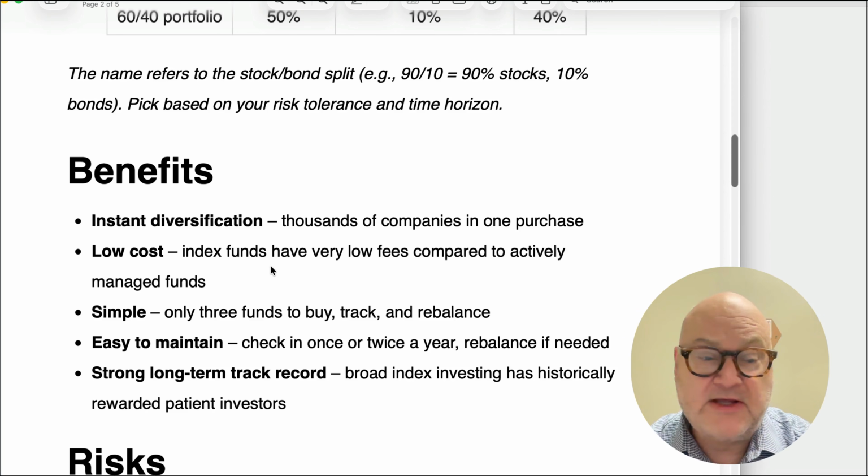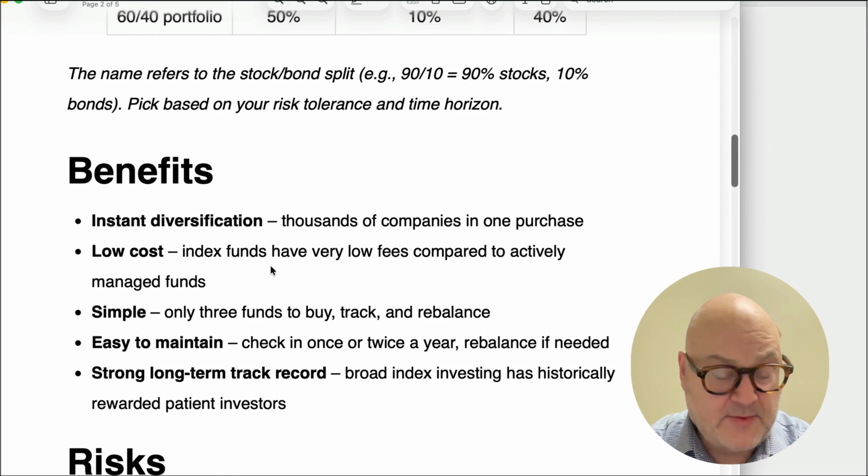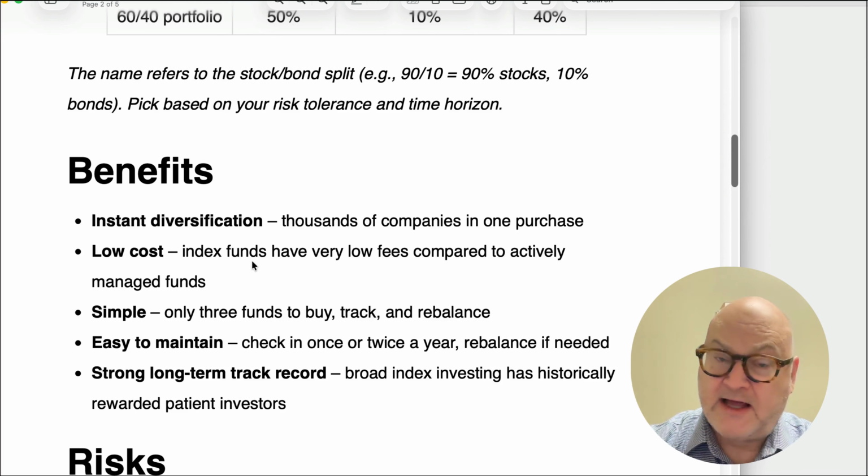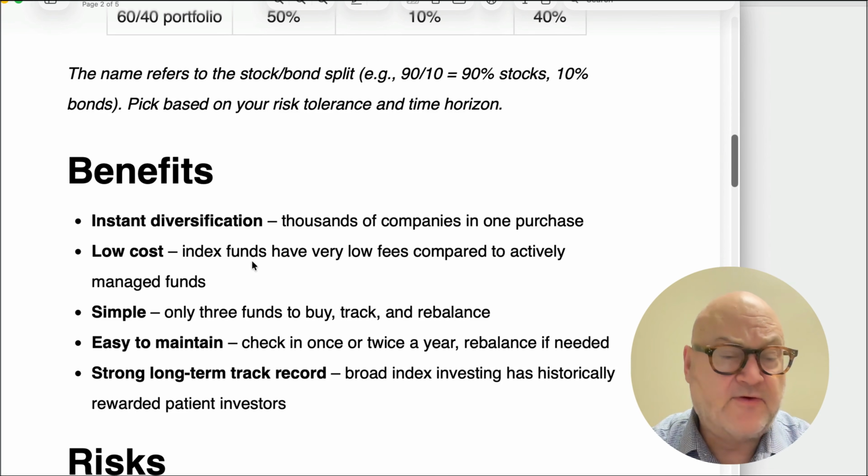Well, Sears was a big, huge company, and now it's really no more. So some companies would go bankrupt and not be around anymore. But when you have thousands of companies, you own it all, then you've got instant diversification. Now, low cost index funds, you want low cost. Low cost matters. Do you want to pay a lot or pay a little? Pay a little for that, and you're going to be in much, much better shape.